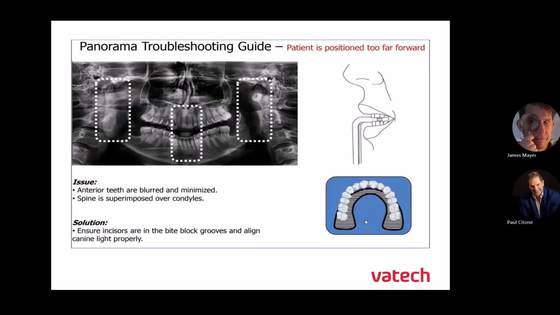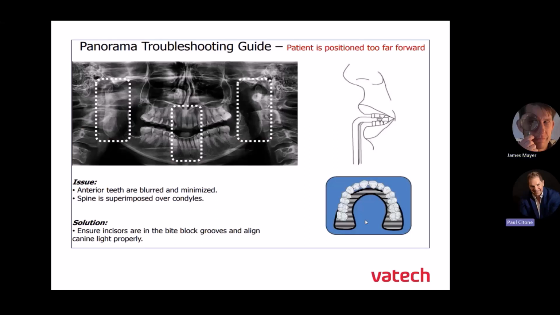Right. So that's what we look for when we're evaluating. The thing is, we're working with patients and they may not be compliant with what we've asked them to do. And one thing that happens all the time, and you all know that, is where they bite on the bite stick too far forward. They bite in front of the groove, and maybe we don't have our canine light properly aligned. And Paul, what do we see here that usually happens when we're out of that focal trough?